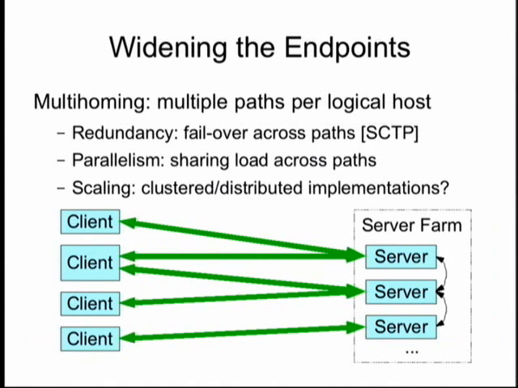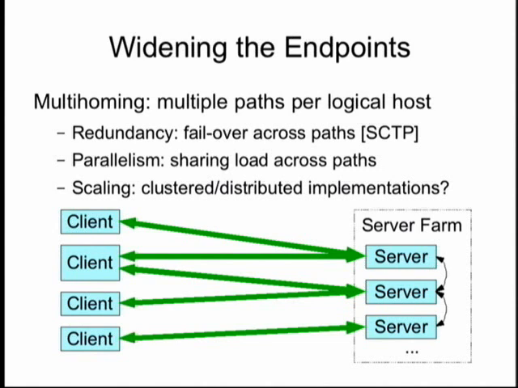Extending even further beyond that, we can envision a company like Google, for example, having huge server farms of machines that want to be seen by clients as one big logical TCP, or one big logical transport endpoint, even though there are really a lot of machines that need to share load dynamically in different ways.